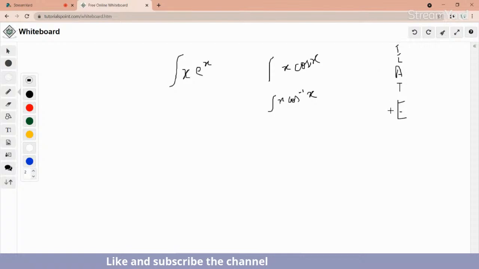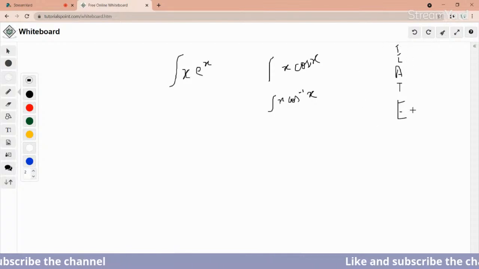You have to solve in this order, where this one is the uppermost and this one is the lowermost.